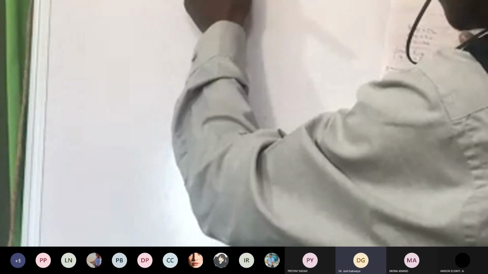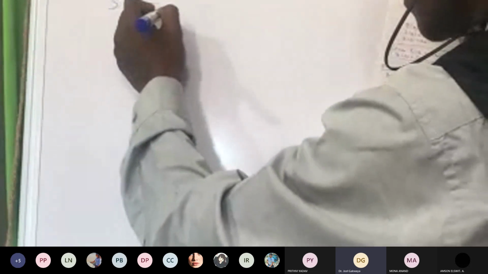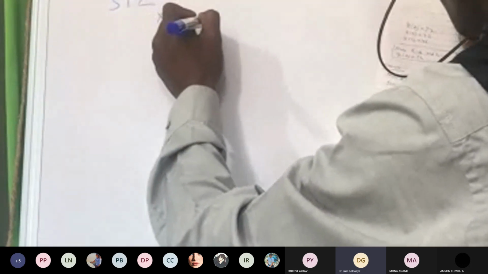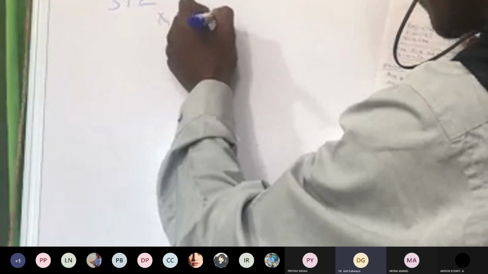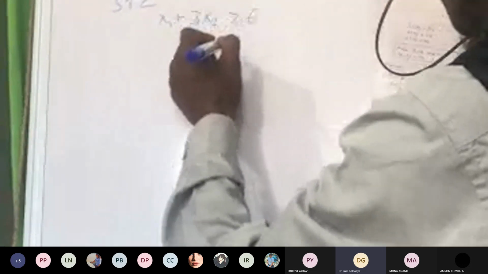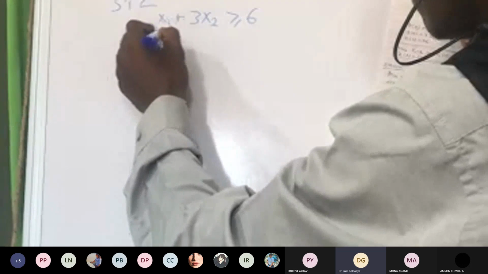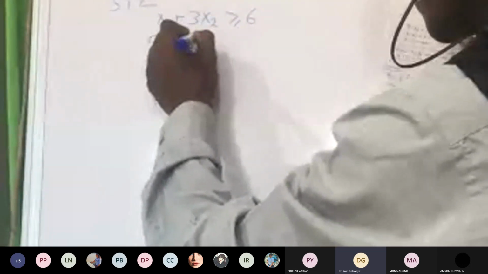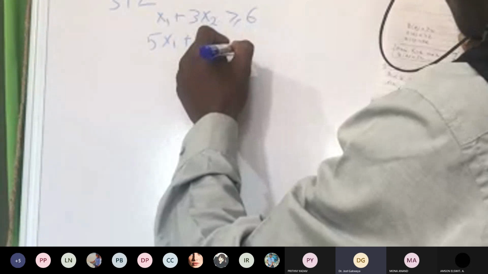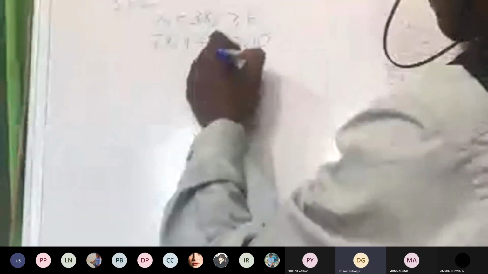Let us have these equations here. Min z is equal to 5x1 plus 7x2, subject to the constraints: x1 plus 3x2 is greater than or equal to 6, and 5x1 plus 2x2 is greater than or equal to 10.